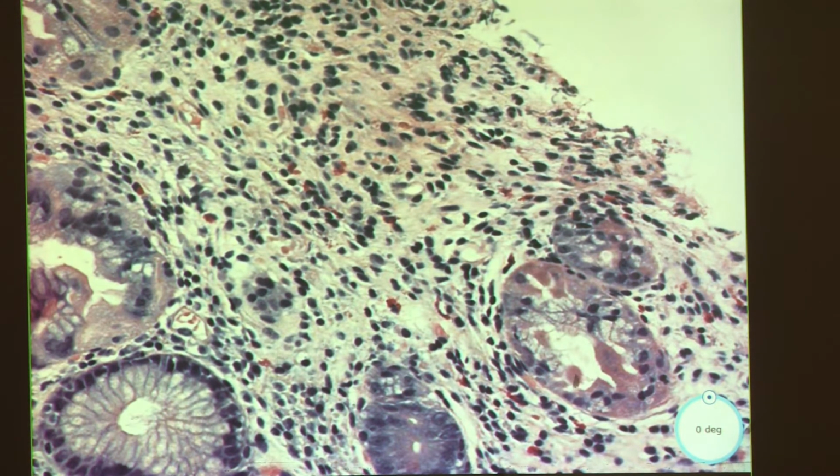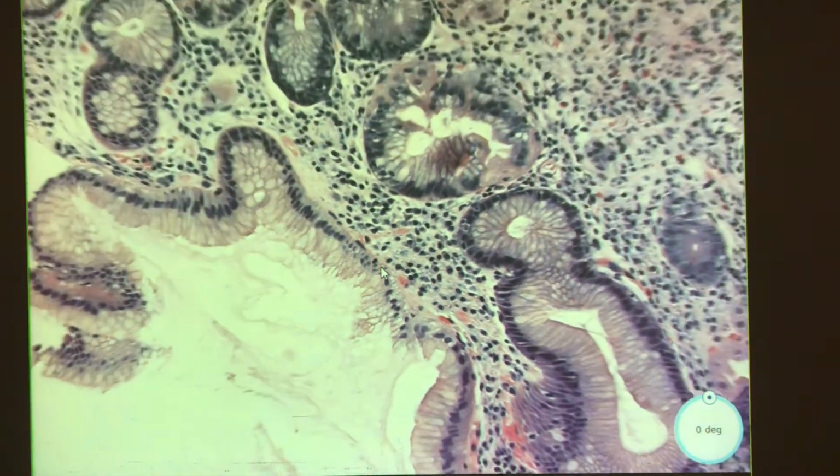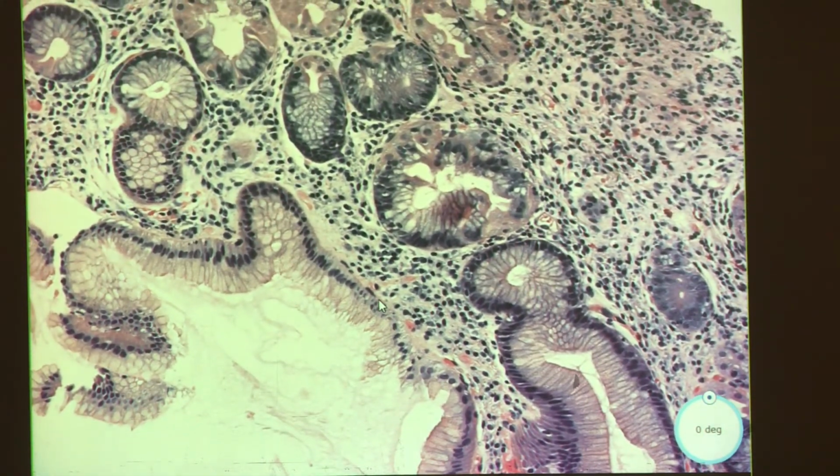I think we have more plasmacytic cells in this than anything in lymphocytes. But okay, I thought maybe this was a little better representation of autoimmune gastritis because it's showing a little more atrophy.